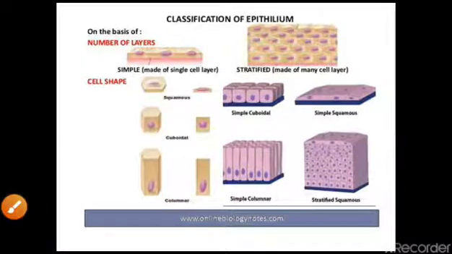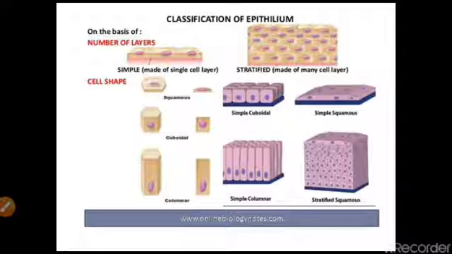So let's start with the epithelial tissue. I would like to tell you all in very short form, what is this epithelial tissue? It is the tissue present on the outside, the protective layer.